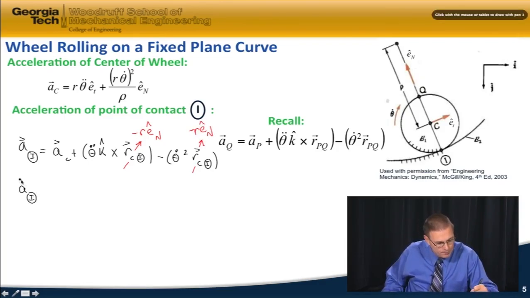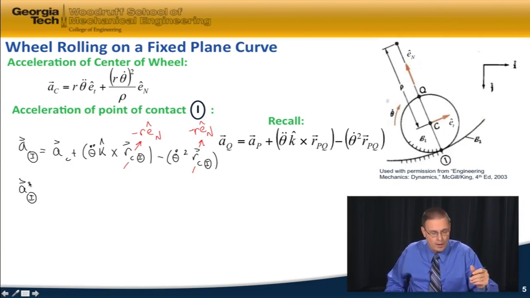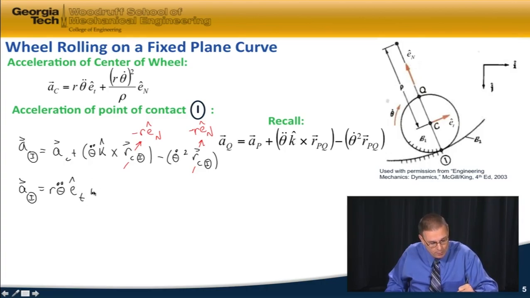And so I've got a at the point I is equal to, let's substitute in a at the center of the wheel. So that's r theta double dot e sub tangential plus the quantity r theta dot squared over rho e normal.